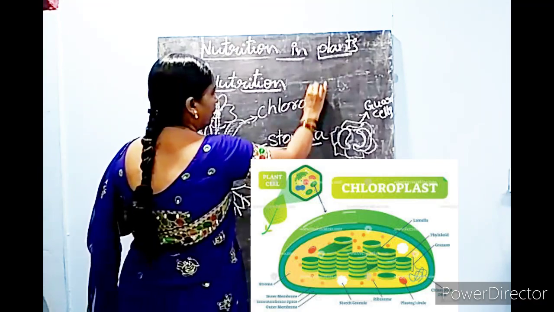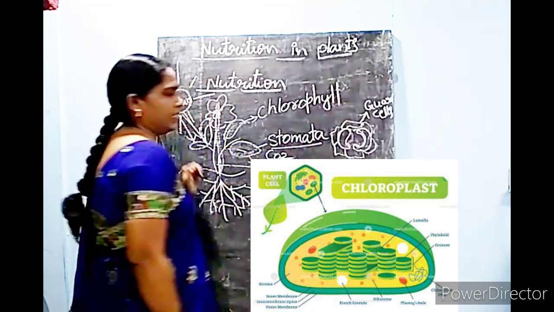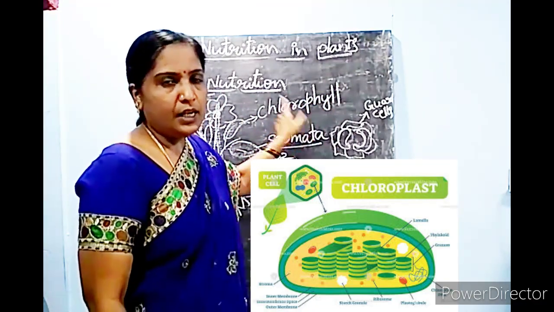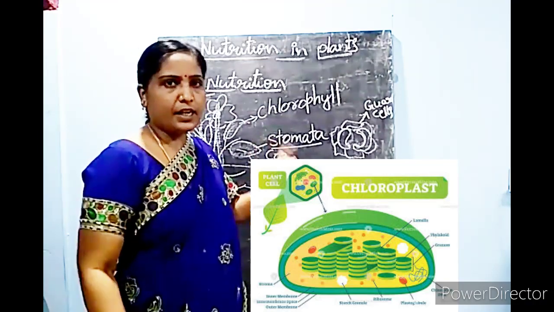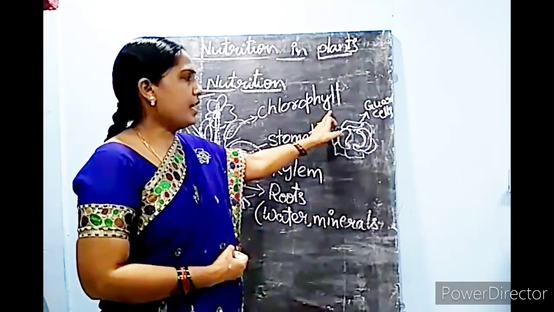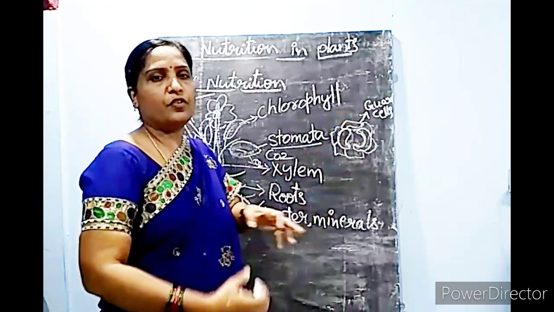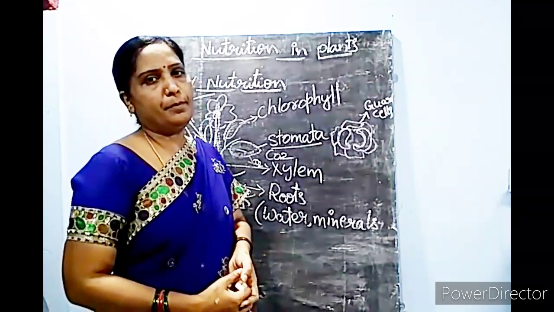What we call chlorophyll is present in the leaves. Because of this only they are acquiring the green color. So it's taking an important part in the preparation of food in plants.